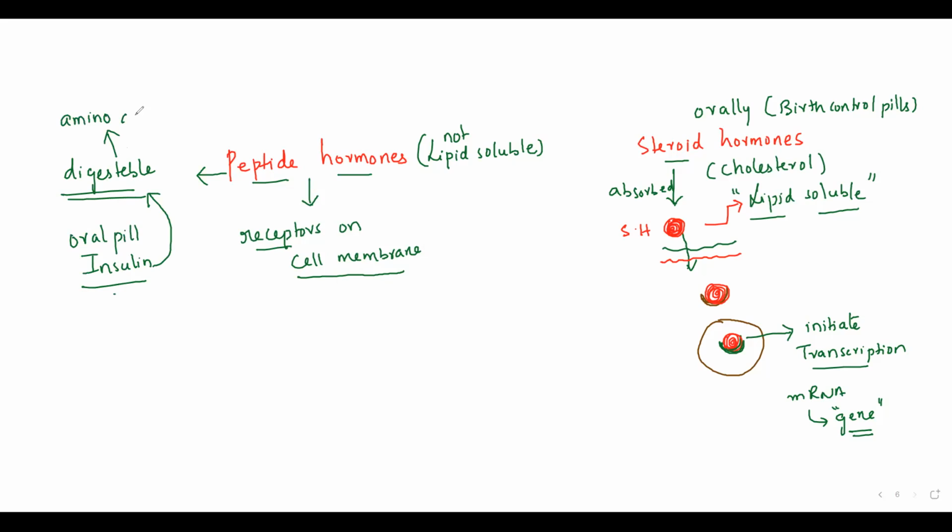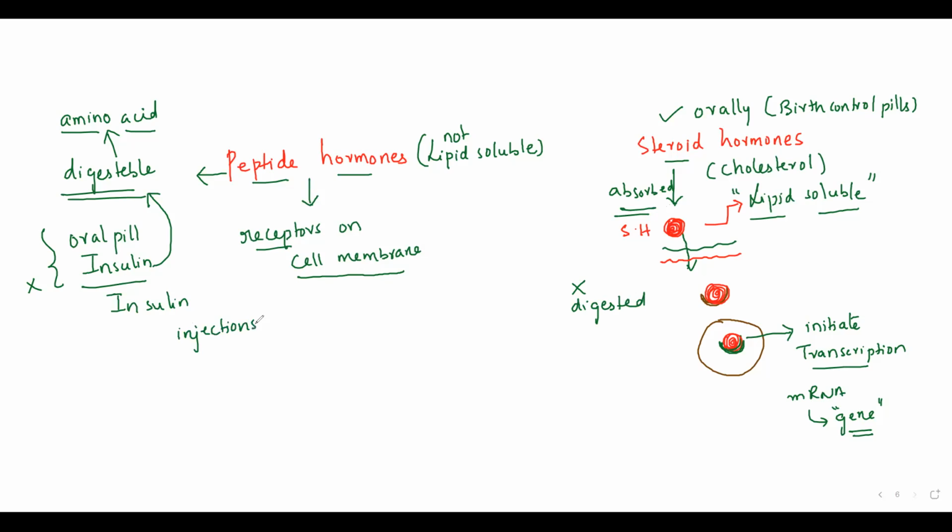So how can it act on your target cells? This can't happen. So orally you can't take a peptide hormone, but orally we can take a steroid hormone, because they are directly absorbed. They are not digested. That's the reason we have no insulin pills, but we have insulin injections.